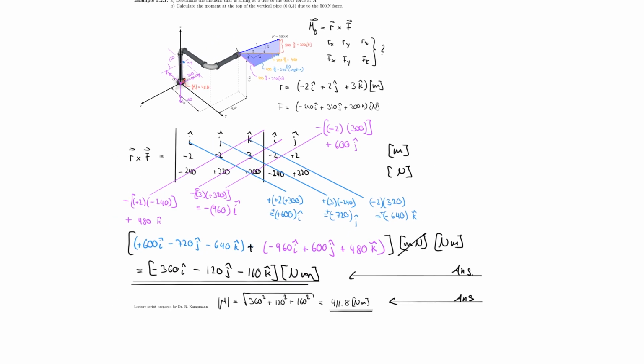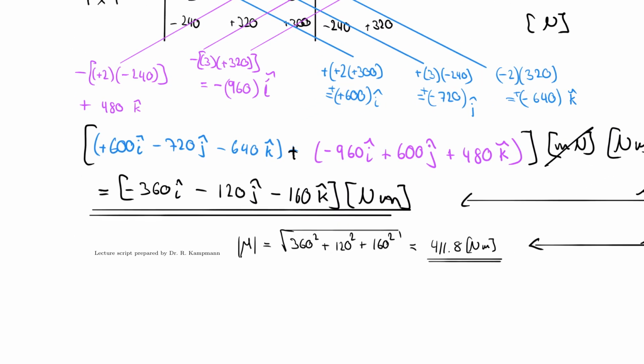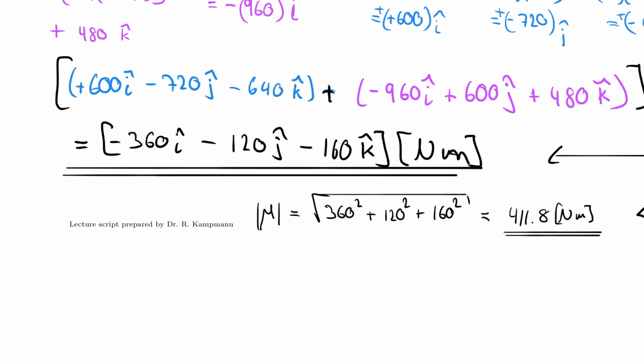The last thing we technically have to do is calculate the base vector or unit vector, I should say. So m hat would really be equal to minus 360 divided by 411.8 i hat, minus 120 divided by 411.8 j hat, minus 160 divided by 411.8 k hat.